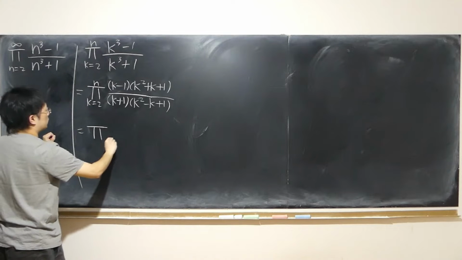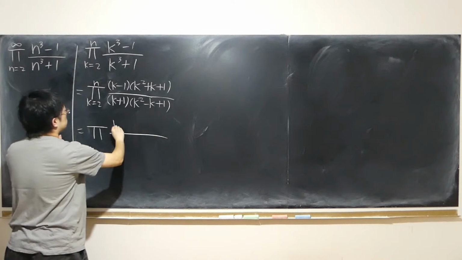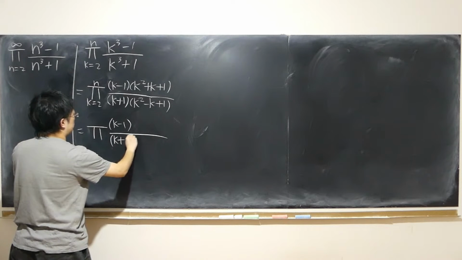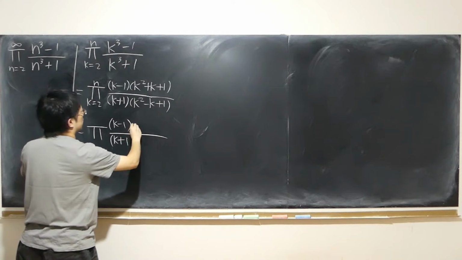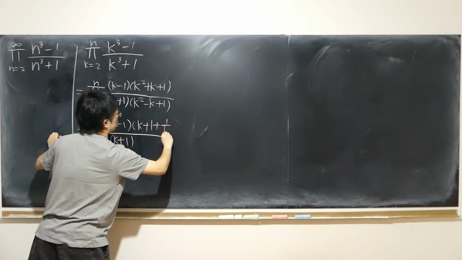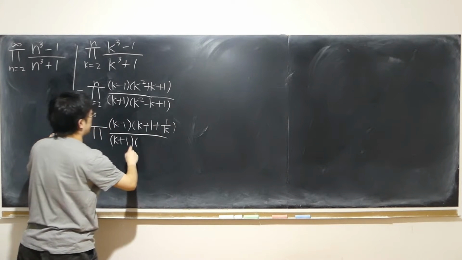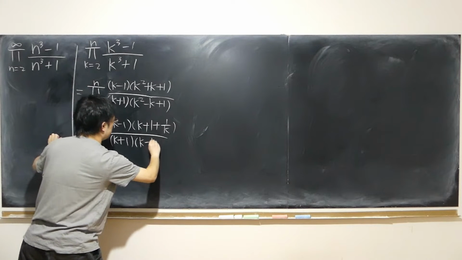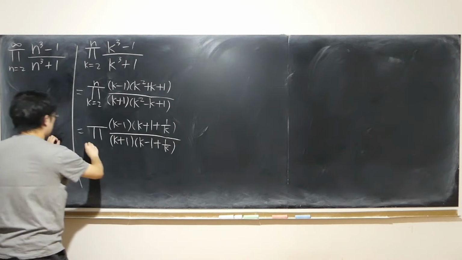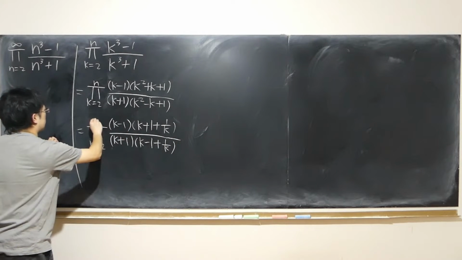So we have k plus 1 plus 1 over k on top, and k minus 1 plus 1 over k at the bottom, for k from 2 to n.